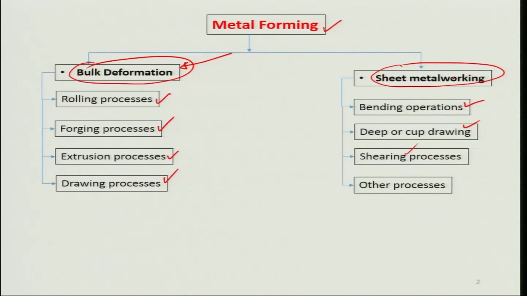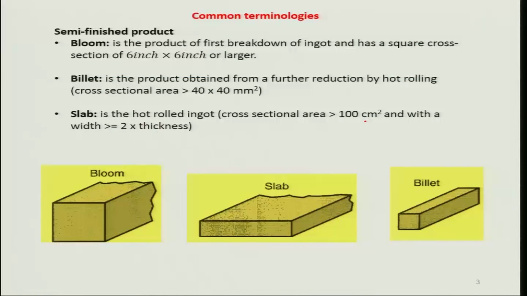If we look at the terminologies associated with metal forming, the first thing that comes to our mind is what we know as a bloom, billet and slab. These are some semi-finished products.